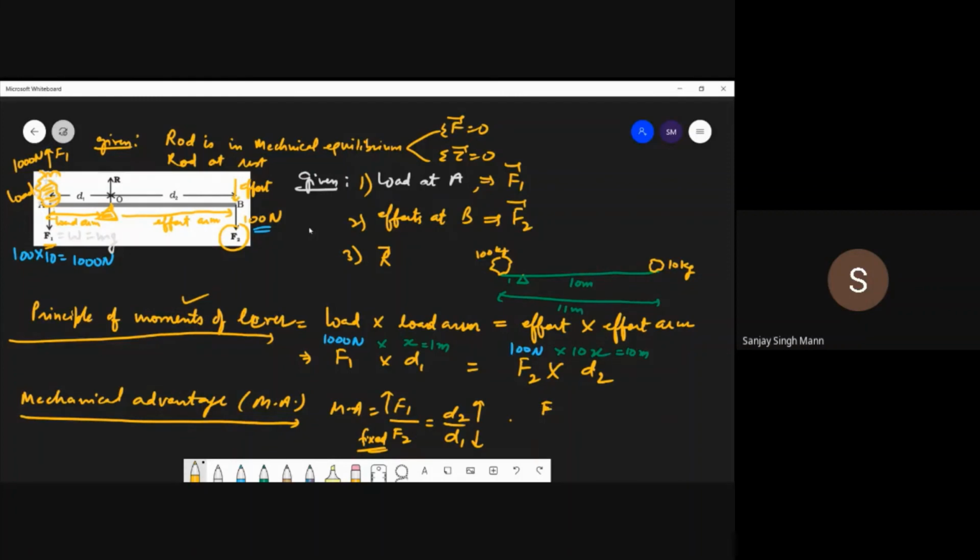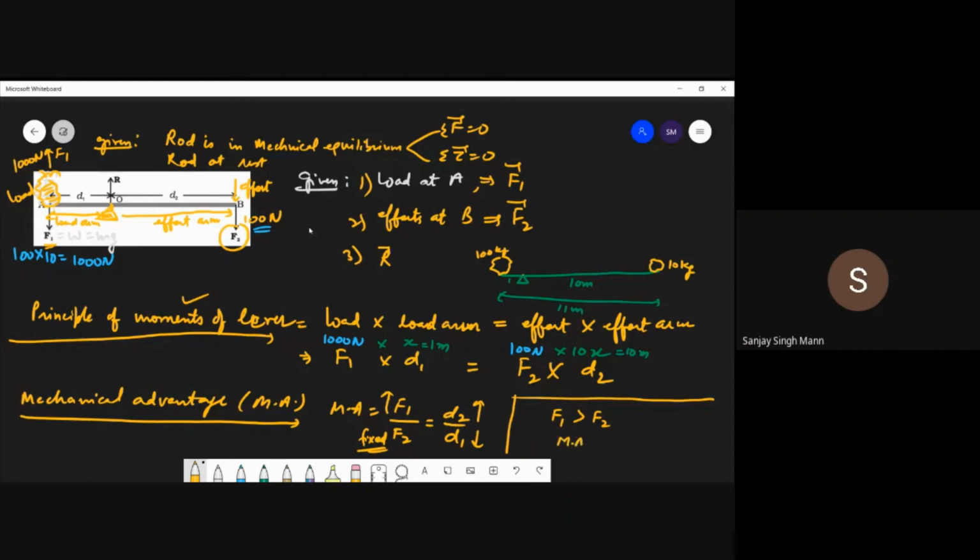You want mechanical advantage. So why are you using the lever? You are using the lever so that your F1 is greater than F2. You want to pick more load with less effort. So F1 is greater than F2. This is what you want.